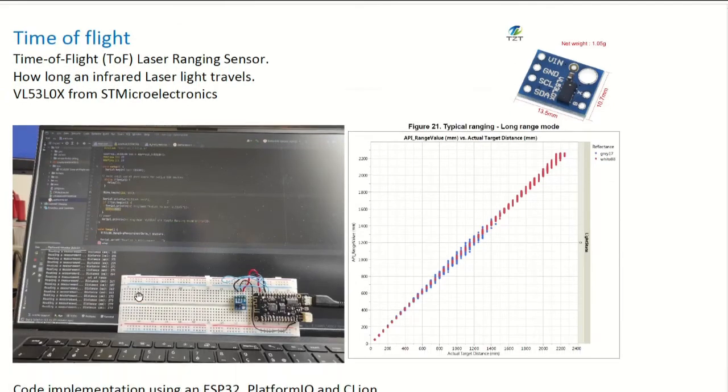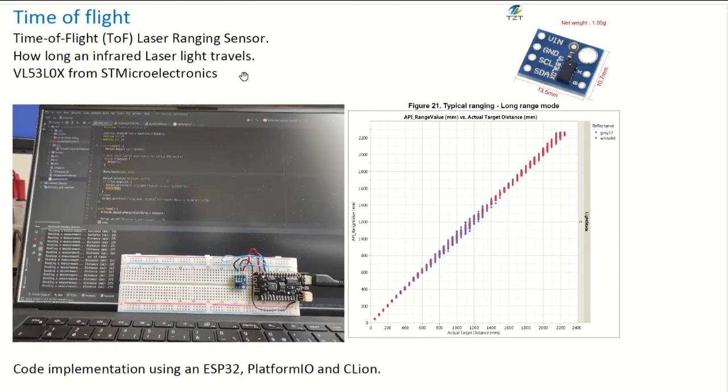Then you have a more recent one, called time of flight. The best known is from ST Microelectronics, the VL53L0X. Here you have a demonstration that I made using an ESP32 with its I2C connection. You have only 4 contacts to connect: the voltage, the ground, and the serial clock and data connections with I2C to this microcontroller.